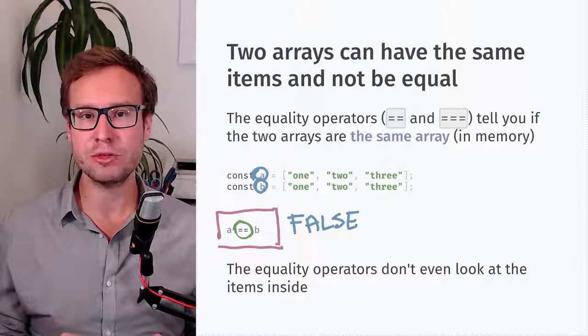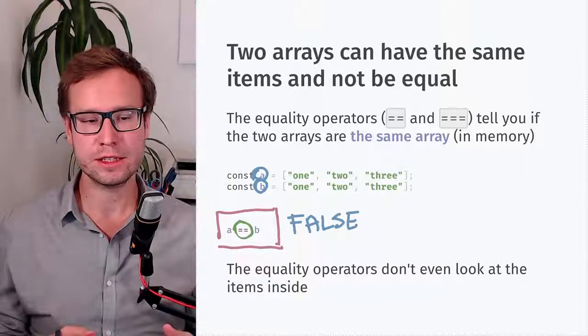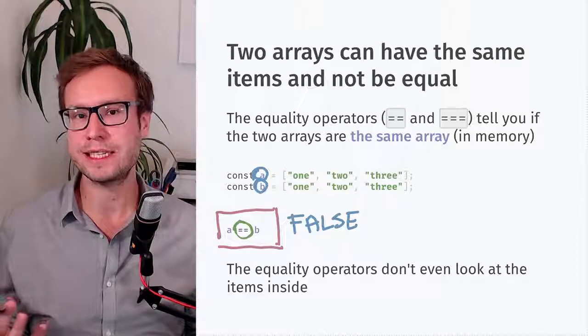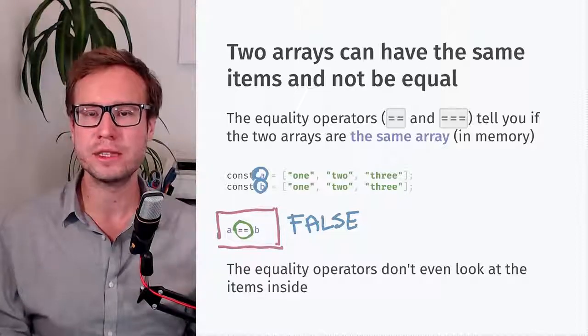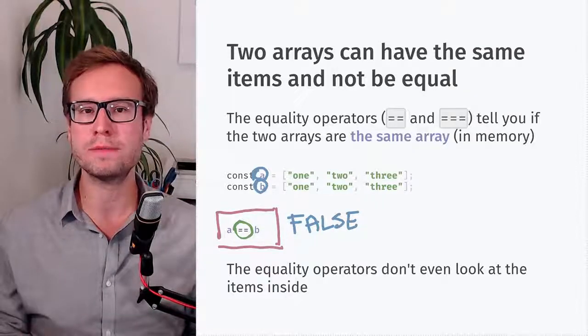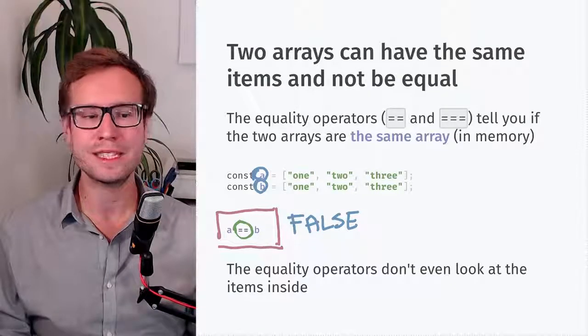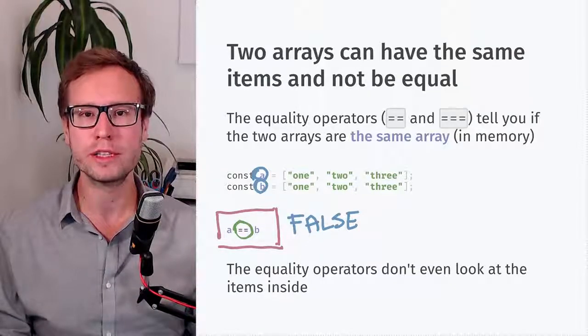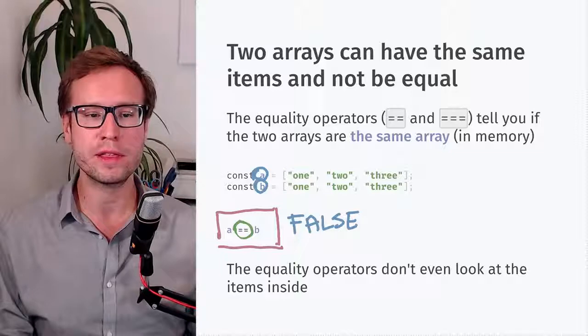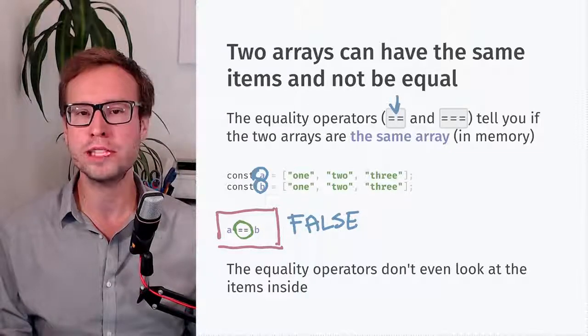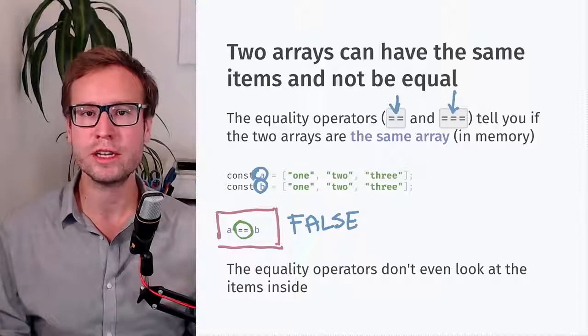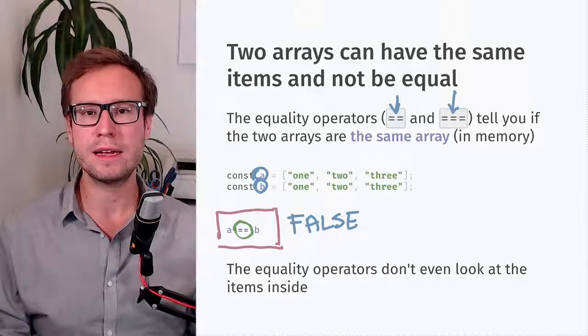It's to say that you might expect that two identical arrays, identical in terms of their values, would be equal based on the equality operator, but that's not what the equality operator does. It doesn't compare the items. In fact, the equality operators, and I mean both the double equals and the so-called strict equality operator, the triple equals, both of them do not look into the array.